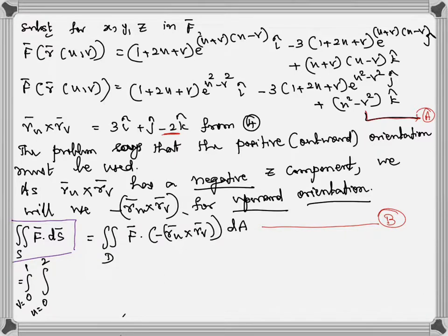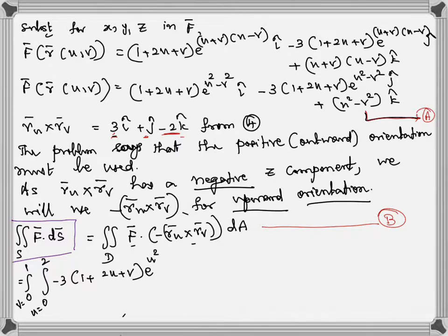Integral 0 to 2 is for u, integral 0 to 1 is for v. If you dot product f with negative of R_u cross R_v, we are actually taking the negative of each of these values, because we are taking the negative orientation. So it is negative 3.